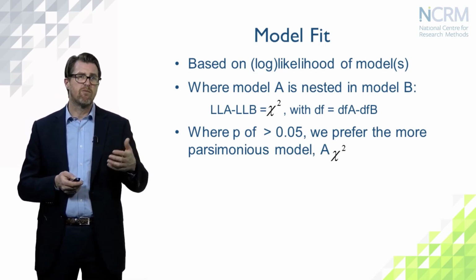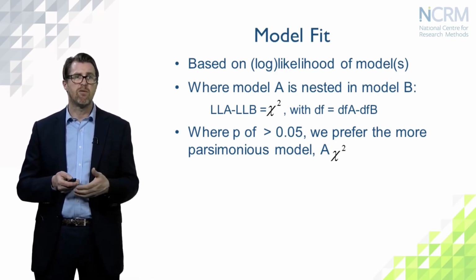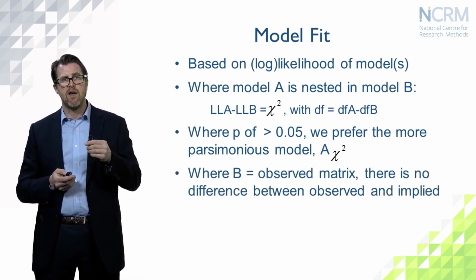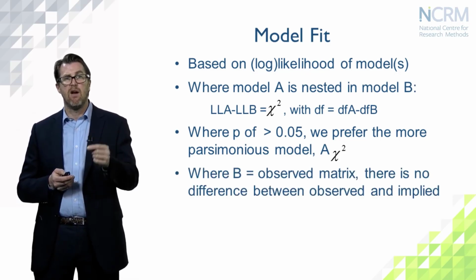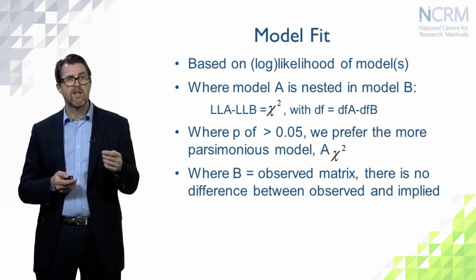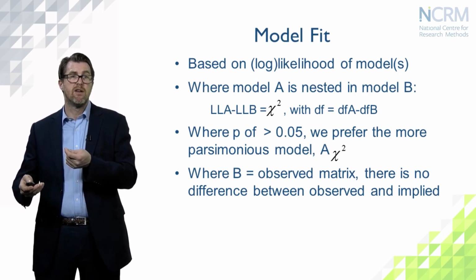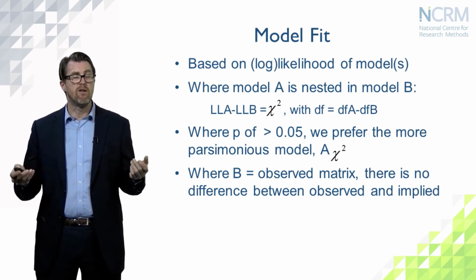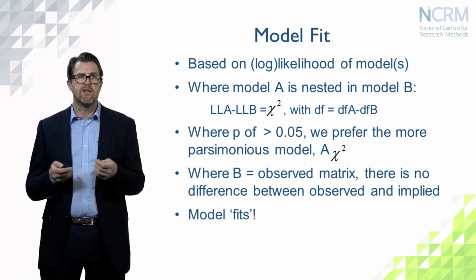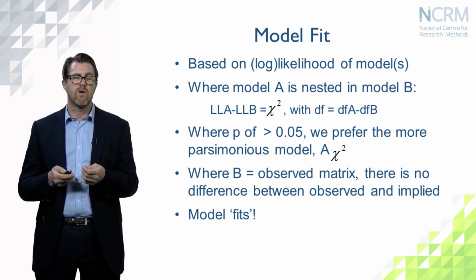That means that we will prefer the model that is simpler and is estimating fewer parameters. So where in this case model B would be our observed data, the variance-covariance matrix, then we're saying that there is no difference between the observed and the implied matrices, and our model therefore fits the data well. So that's the essence of the assessment of model fit using chi-square in structural equation models.